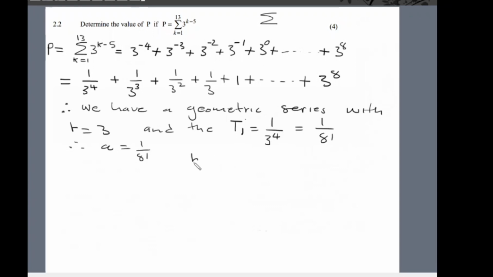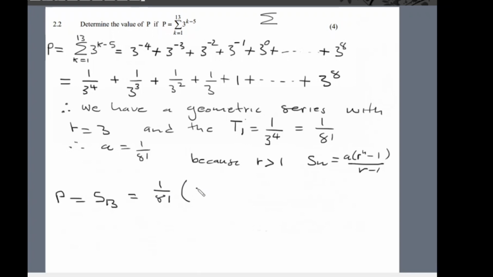Because r is greater than 1, we will use this formula for a geometric series, S_n equals a(r^n minus 1) over (r minus 1). So p is equal to S13, which is equal to 1 over 81 times (3 to the power 13 minus 1) divided by (3 minus 1).